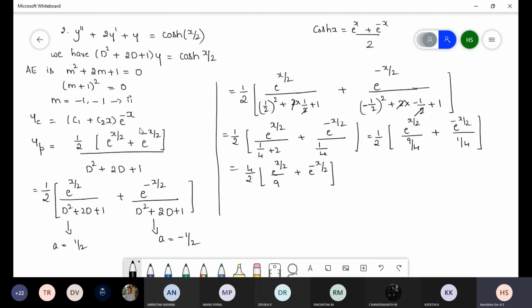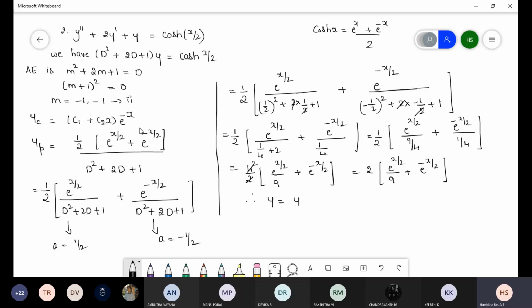The 2s are cancelled. So here 2 into e power x by 2 divided by 9 plus e power minus x by 2. This is the yp.